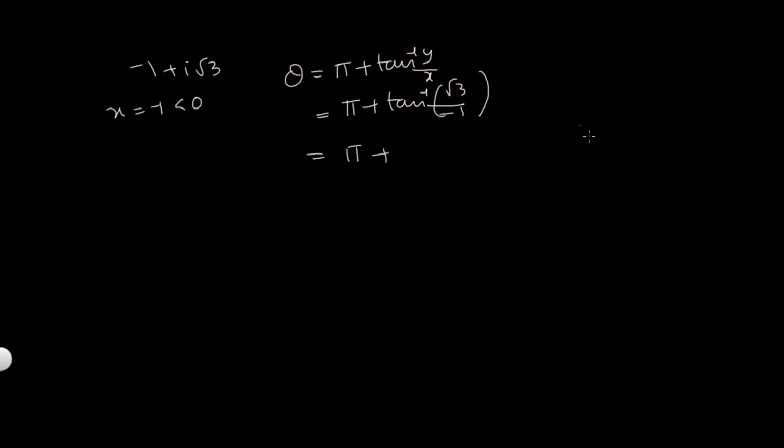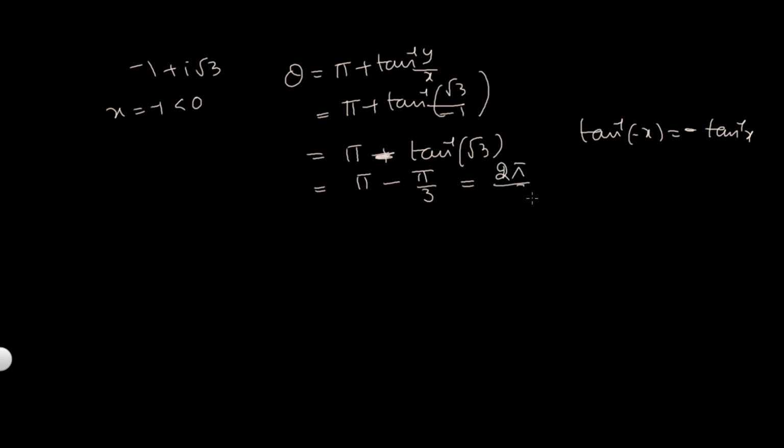Tan inverse of minus x is minus tan inverse x, so this becomes pi minus tan inverse of root 3. Tan inverse root 3 is pi by 3, so theta is 2 pi by 3.